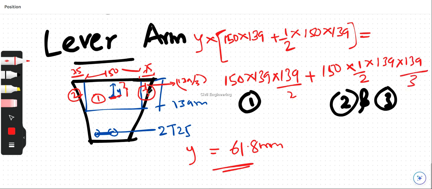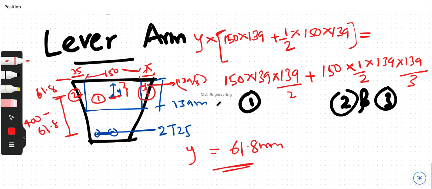Here over 3 means the depth to the centroid of the rectangular section. Then we can find y and take y as 61.8, that is from the top of the section, 61.8.